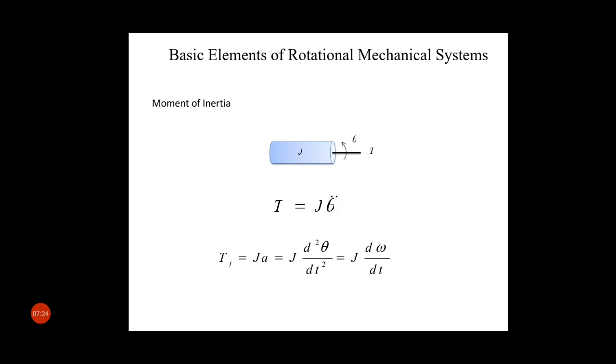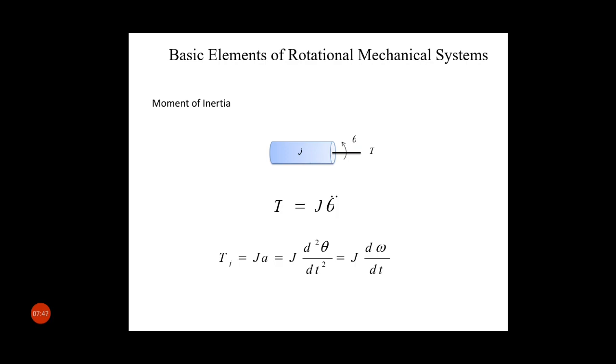Here J is the moment of inertia, and its unit is kg·m². Theta is the angular displacement, and the unit is radian. Omega is the first derivative of displacement, that is, ω equals dθ/dt.